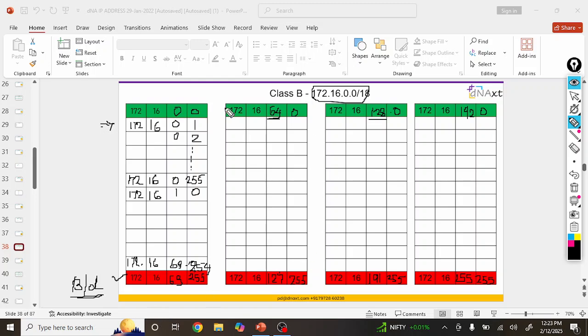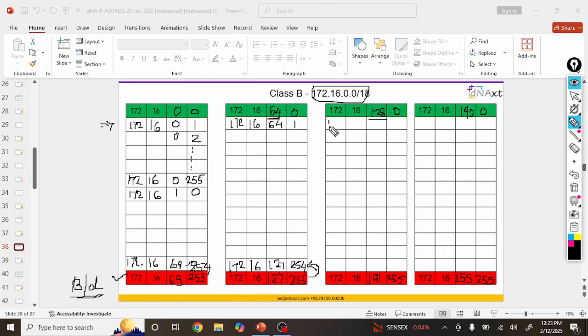In the next subnetwork, it will be 172.16.64.1, and here the last valid host is 172.16.127.254. The IP address before your broadcast ID will be your last valid host.